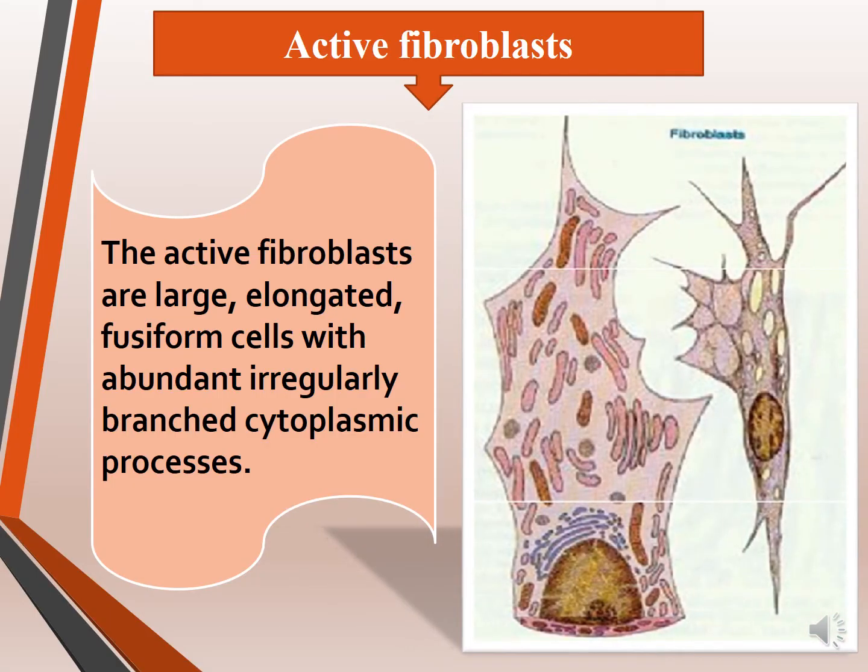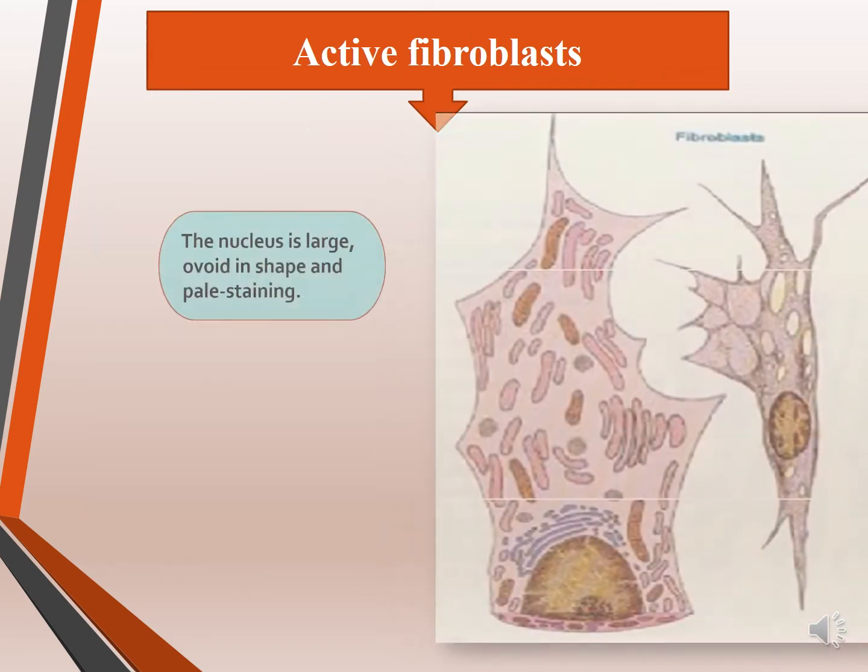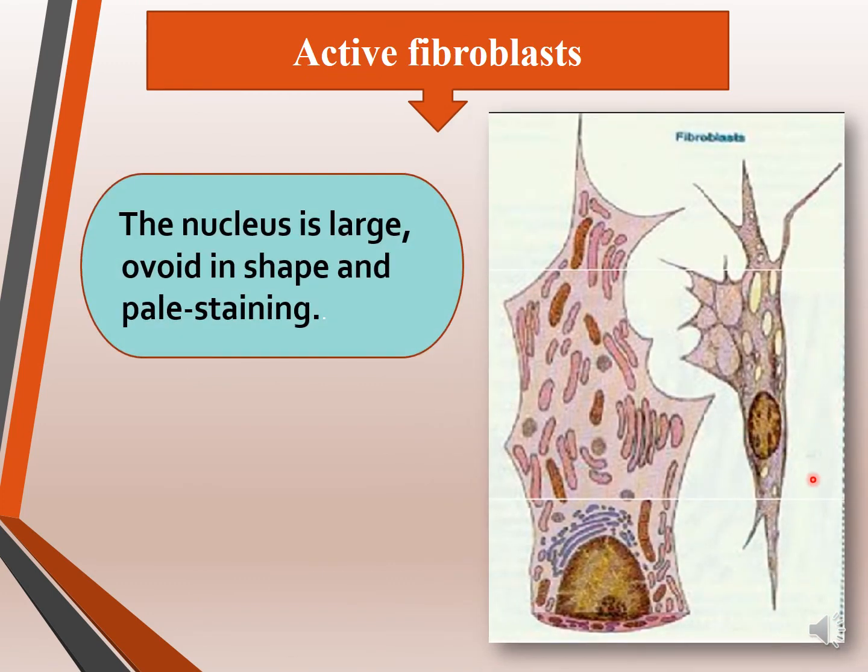The characteristic features of active fibroblasts are that they are large, elongated, fusiform in shape, with abundant, irregularly branched cytoplasmic processes. The nucleus is large and ovoid in shape with pale staining, which gives the impression that the cell is active in protein synthesis.